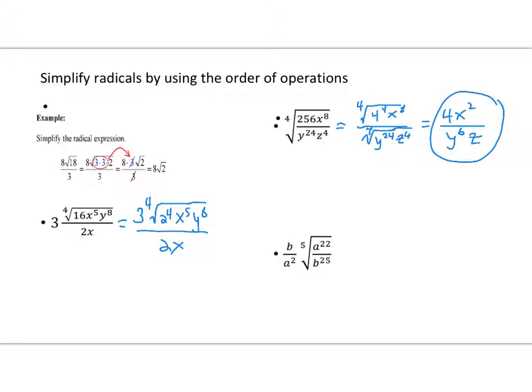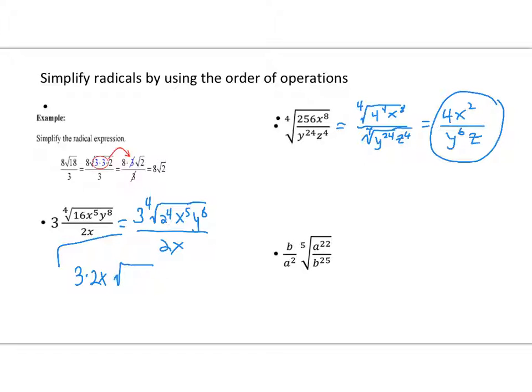So now if I pull out a 2, the 2's will ultimately cancel, and I have an x that also cancels. So we'll show you how that works out. So I have 3 times 2x, and I'm left with an x underneath.